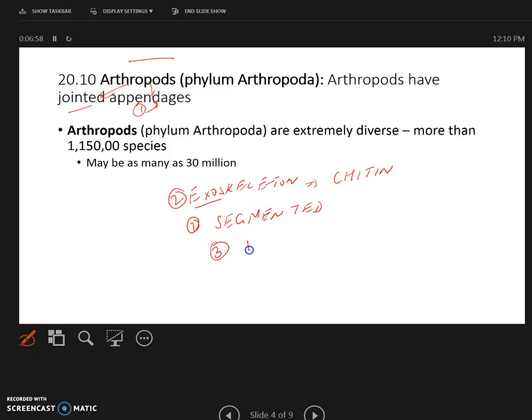They are more advanced, they have a well developed nervous system, and of course they have adaptation of the respiratory system. Some of them have gills, some of them have tracheae, and some of them have very delicate pipes, and these are called spiracles. We'll talk about that later.